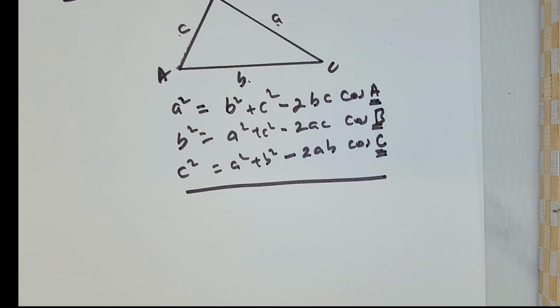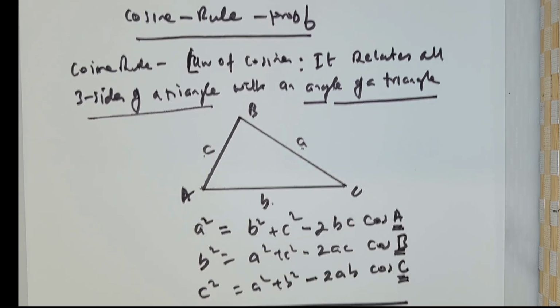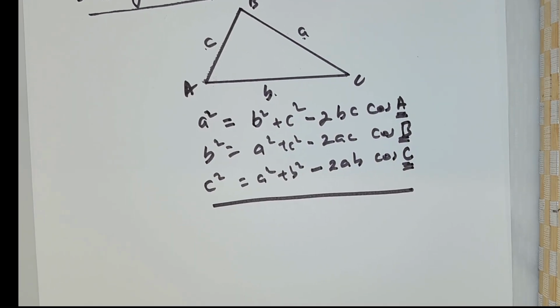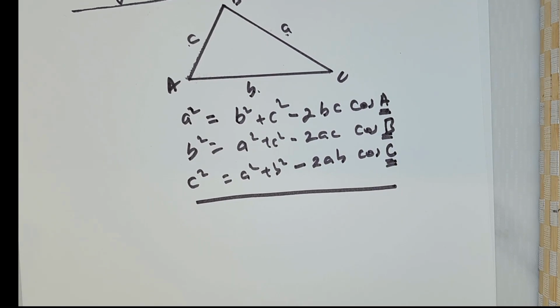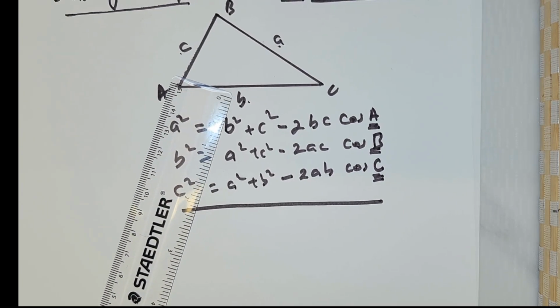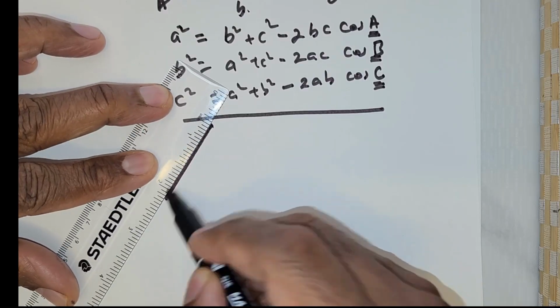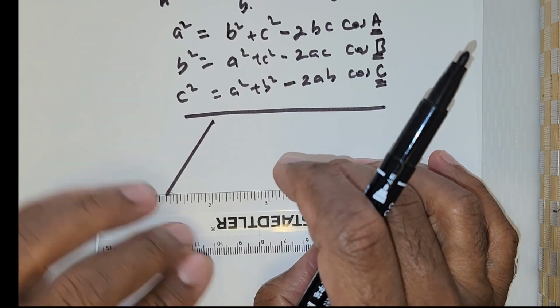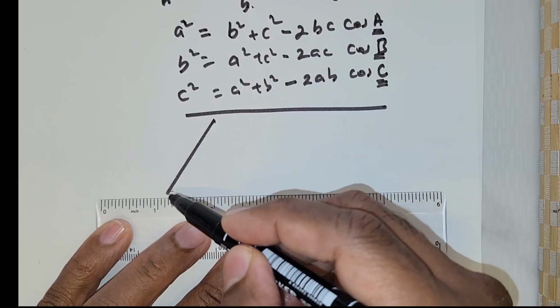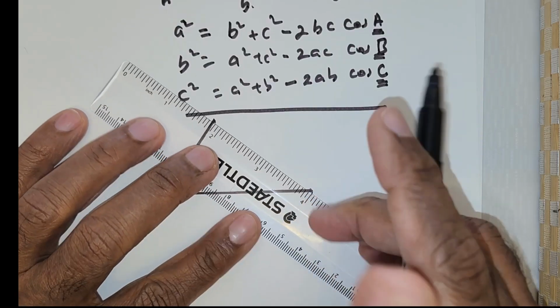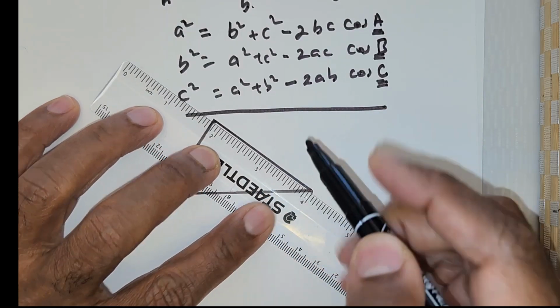With that being said, the next thing I'm interested in is to prove the cosine rule. For that, let me draw the triangle, the most powerful structure. I have a triangle here.